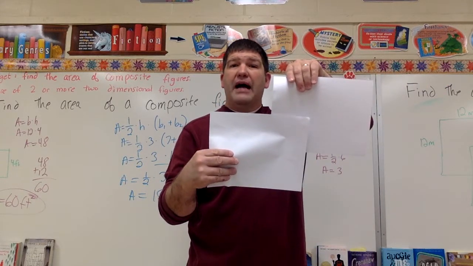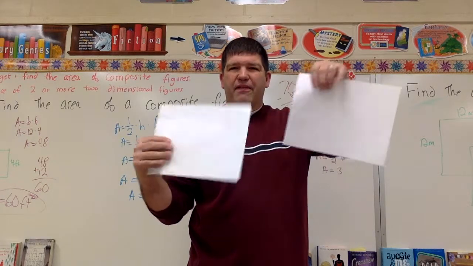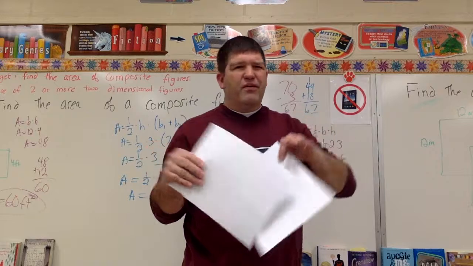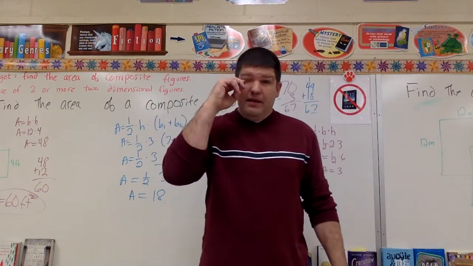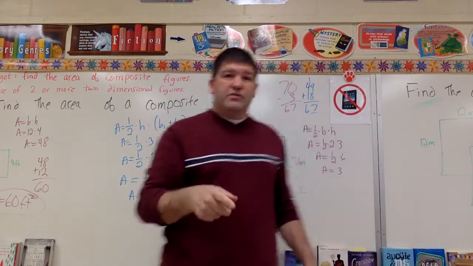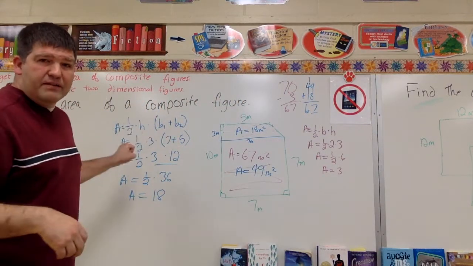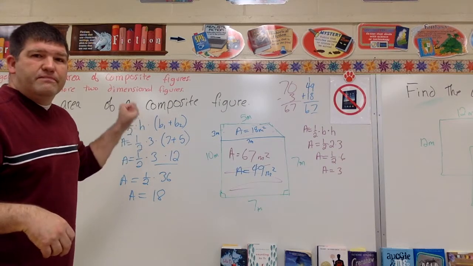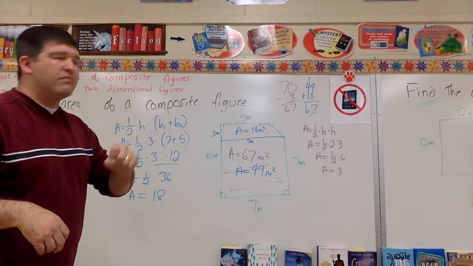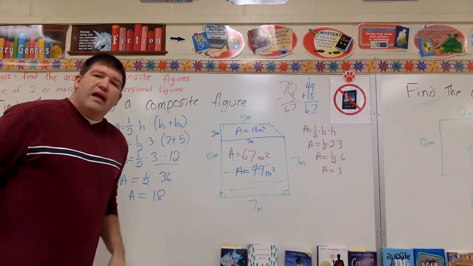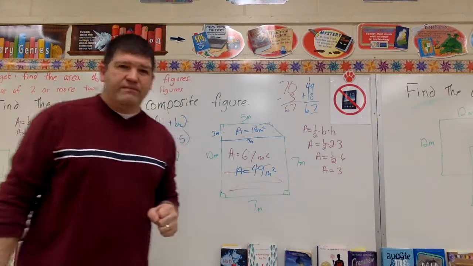There's one composite area to the whole thing. But if I figure out both of these, there's an overlapping part, and I have to figure out what to do there. Okay? So this was just about figuring out the area of a composite figure. Next video that I want you to watch right away, right after this one, is about finding the area of an overlapping figure. Okay?